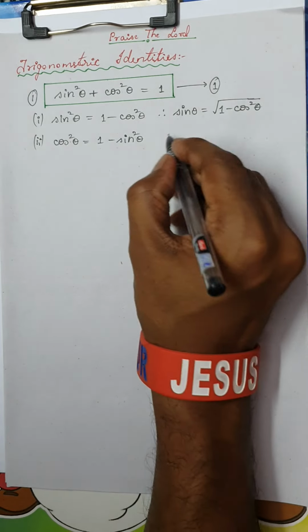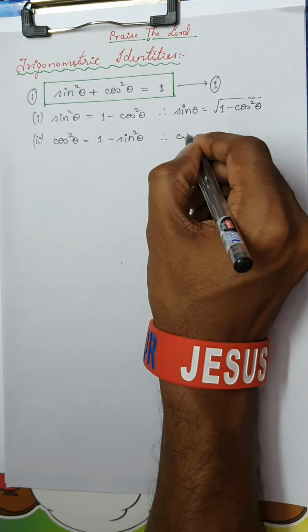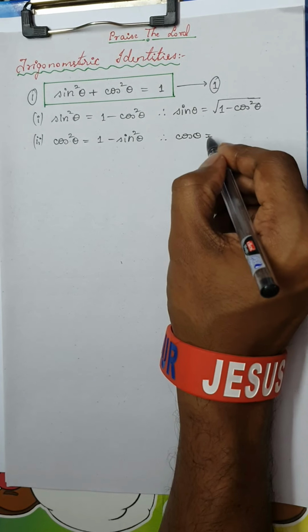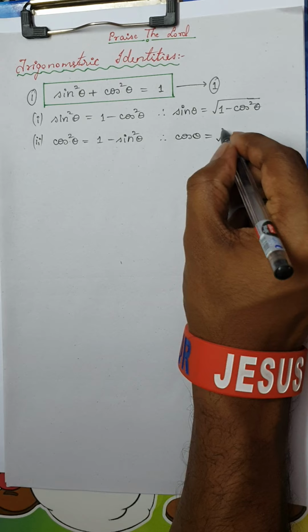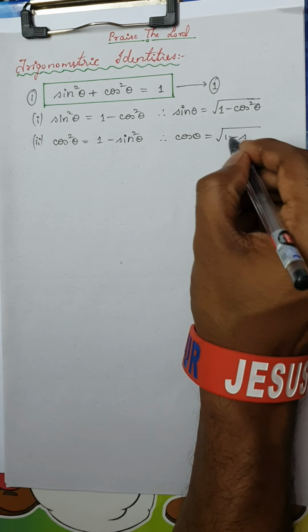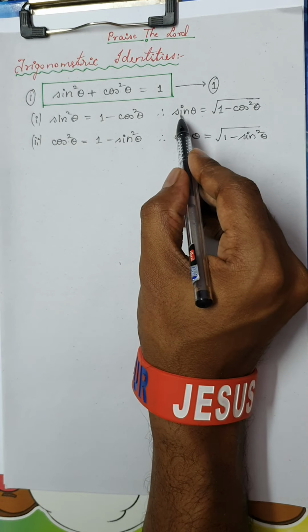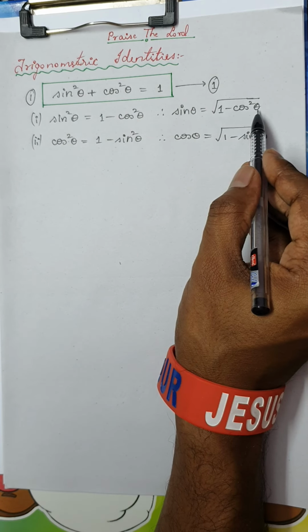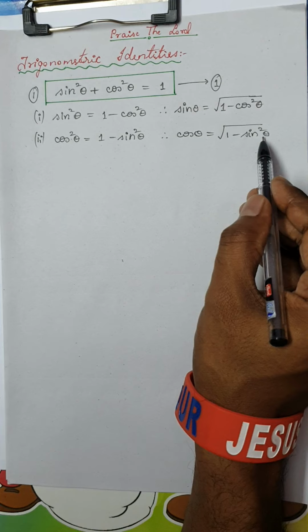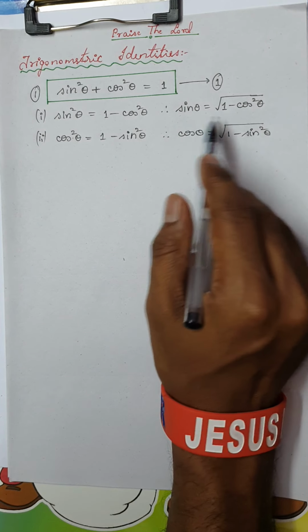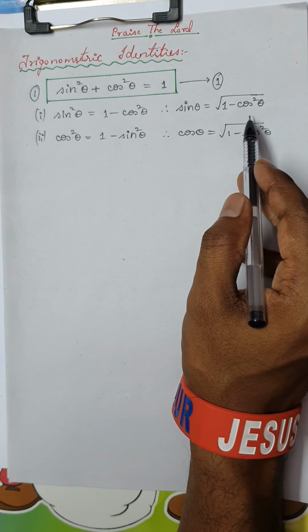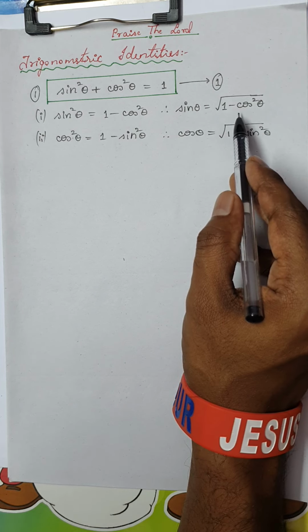From this, therefore, cos theta is nothing but, yes Pooja, what is cos theta? Square root of 1 minus sine square theta. It's very simple. Remember this way: sine theta is root of 1 minus cos square, or cos theta is root of 1 minus sine square. Is it clear? We know they are complementary angles. They are close friends, isn't it?